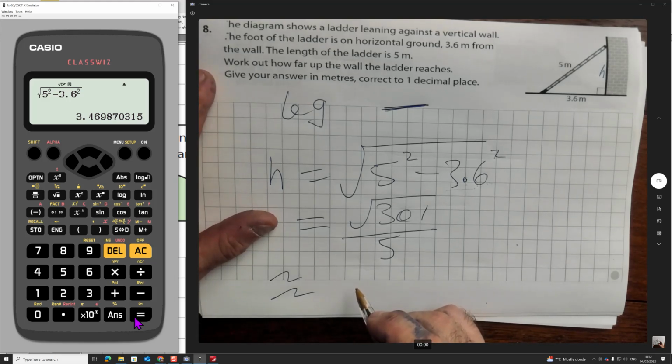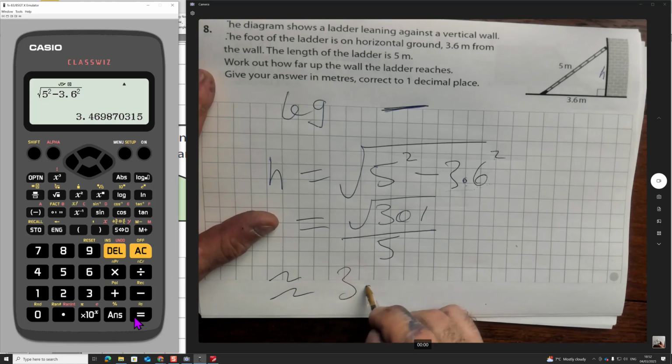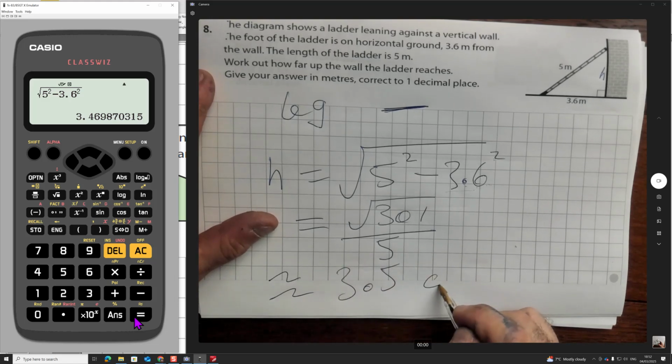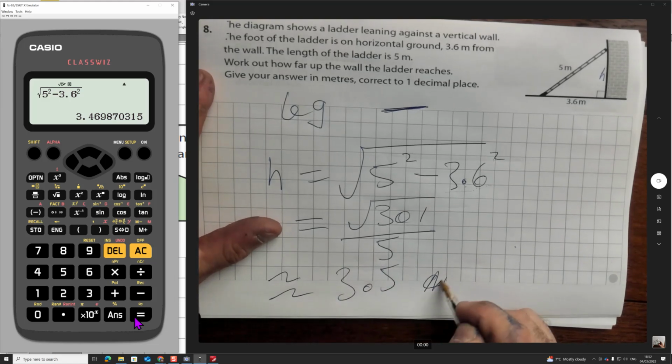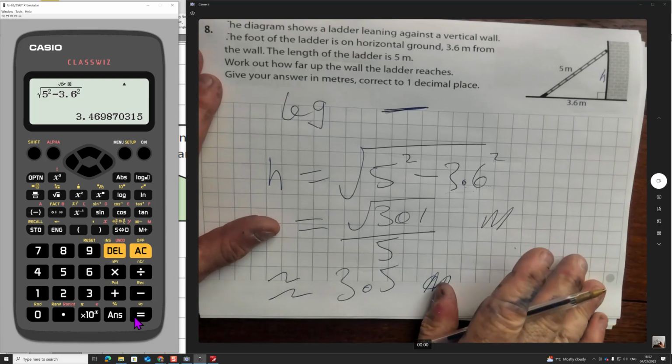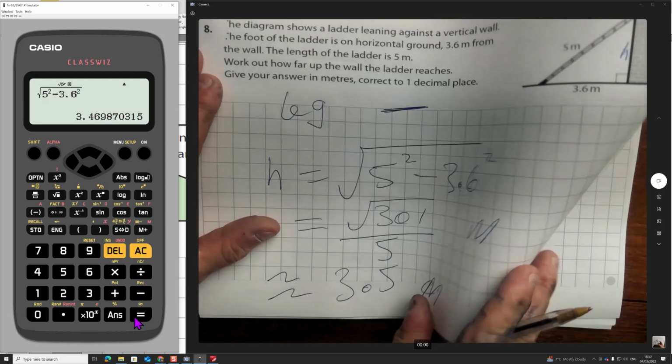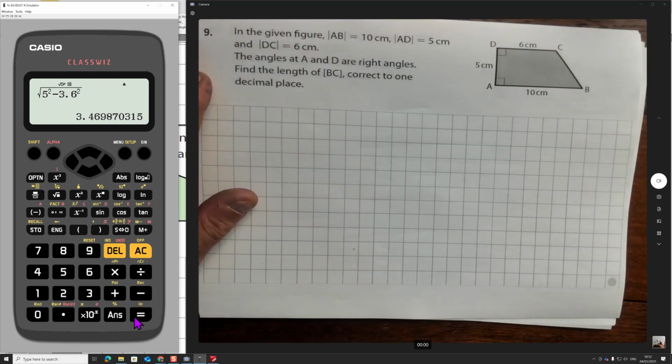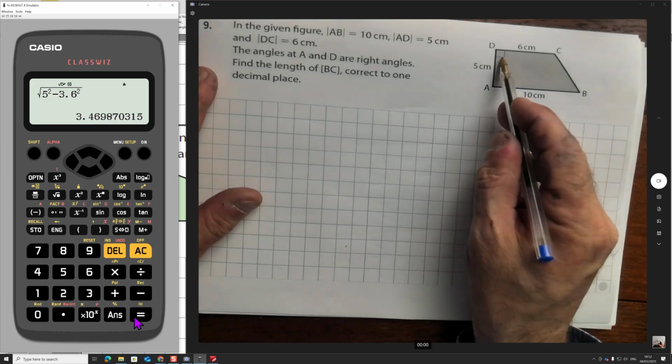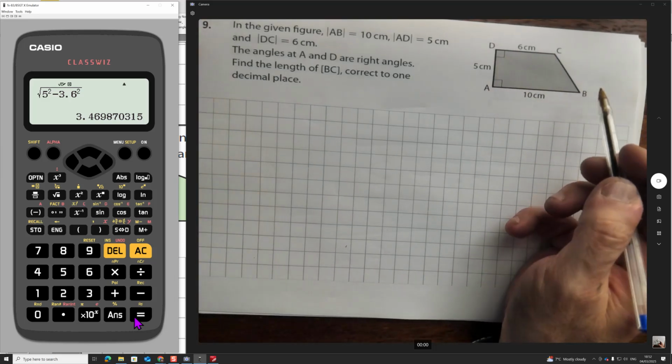Give your answer correct to one decimal place. I'll bring the 4 up to a 5. 3.5 meters. Good stuff. We have, because of these two right angles, a trapezium.